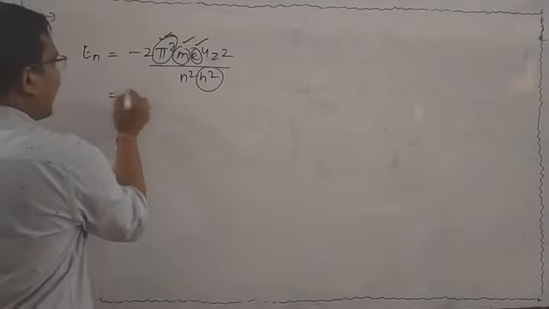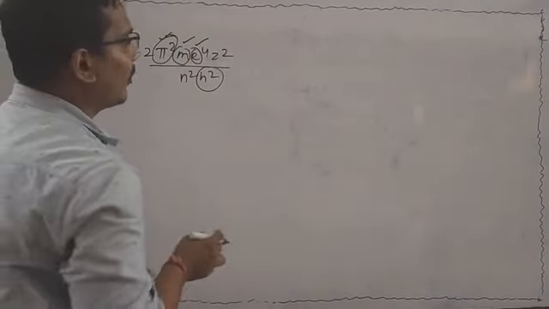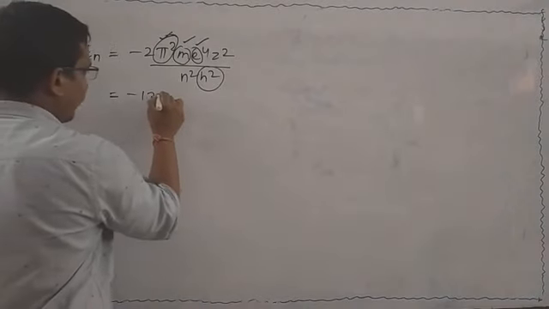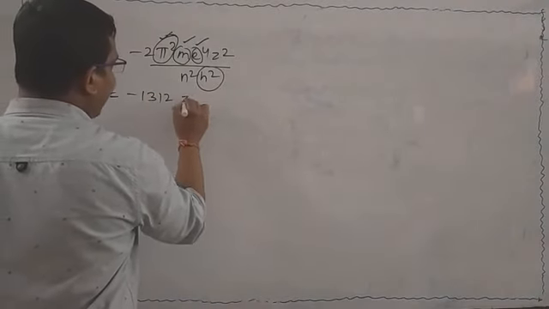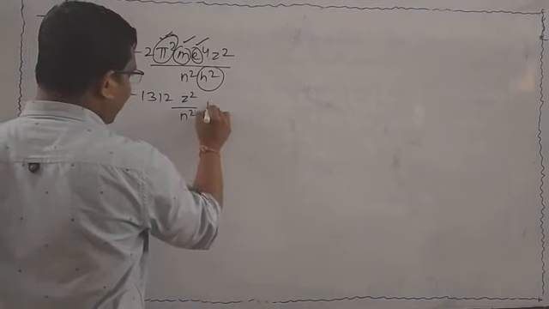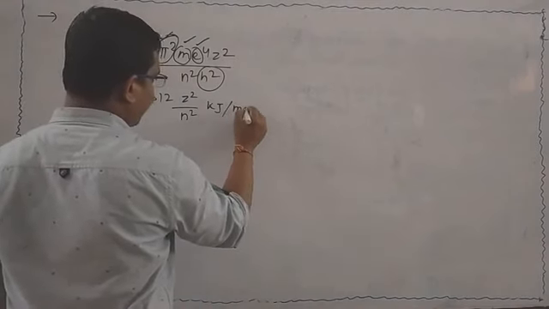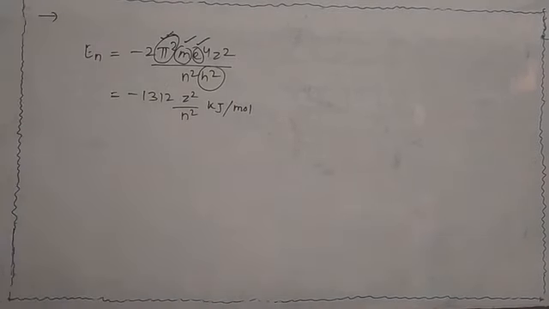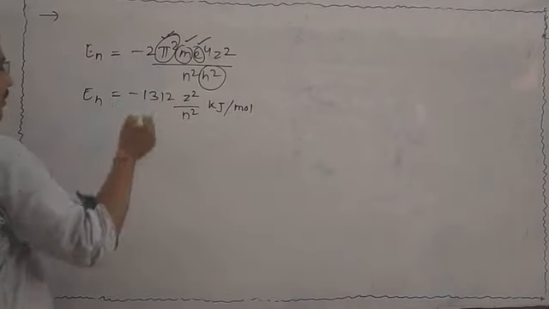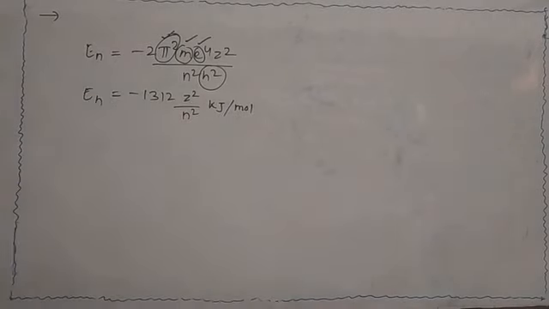Then you can simply find the value, that is minus 1312 Z² by n² kilojoule per mole. By solving this, you find En is equal to minus 1312 Z² by n² kilojoule per mole.